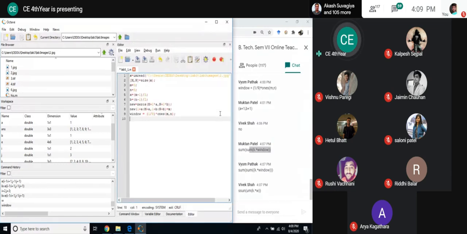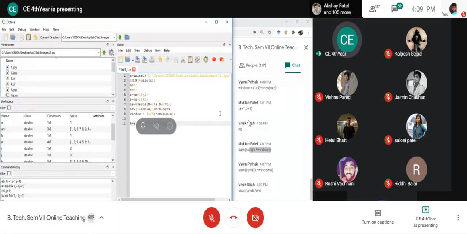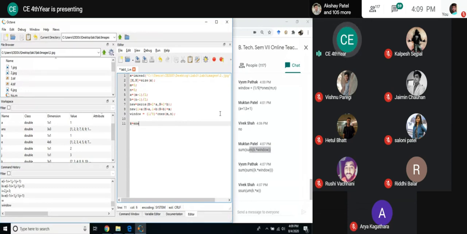So what I will do is somehow extract k. In my case, it will be the padded image, that is new. In my padded image, I will go from i minus a to i plus a, that many rows, and j minus b to j plus b, that many columns are expected.